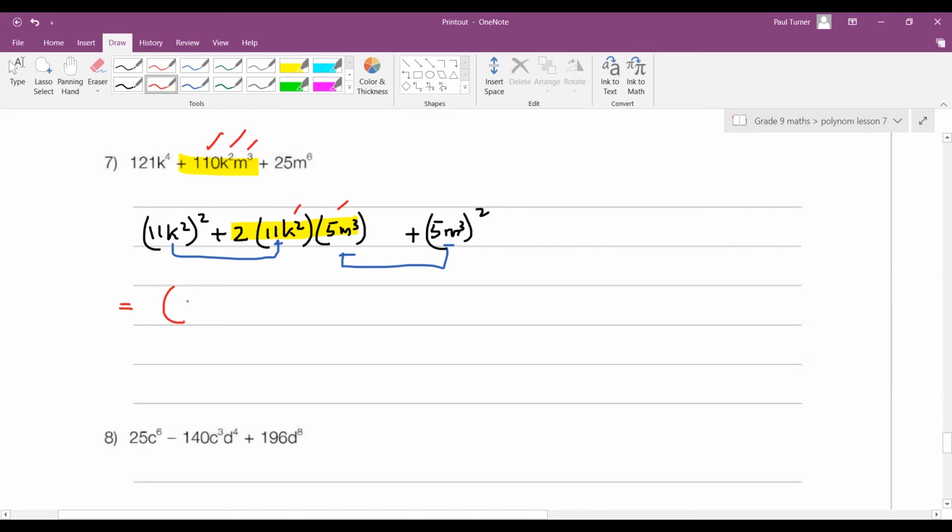Our perfect square would be 11k squared plus 5m cubed, all squared. So that's your answer there, finished. When you've done a few, when you've done the homework, you'll get better at it. For question 8, maybe we'll just write the answer because we only have 10 minutes.